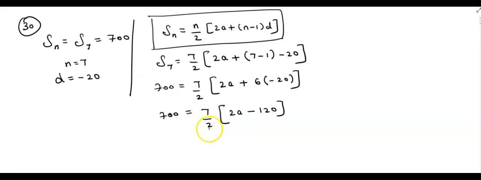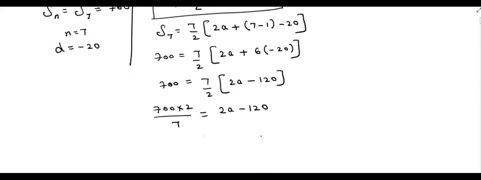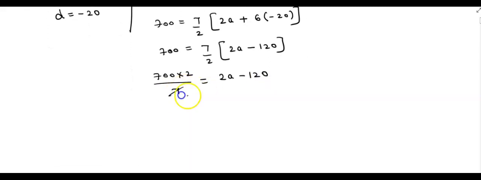Now shall we cross multiply the 7 by 2 here? 700 into 2 divided by 7 is equal to 2a minus 120. Now 7 ones are 7, hundreds are 100, into 2 is 200, equal to 2a minus 120. We want a, which is unknown here, so let me find the unknown value.